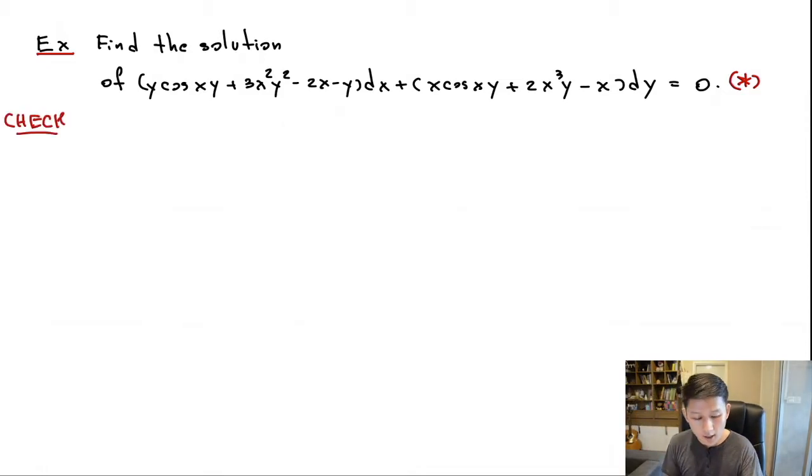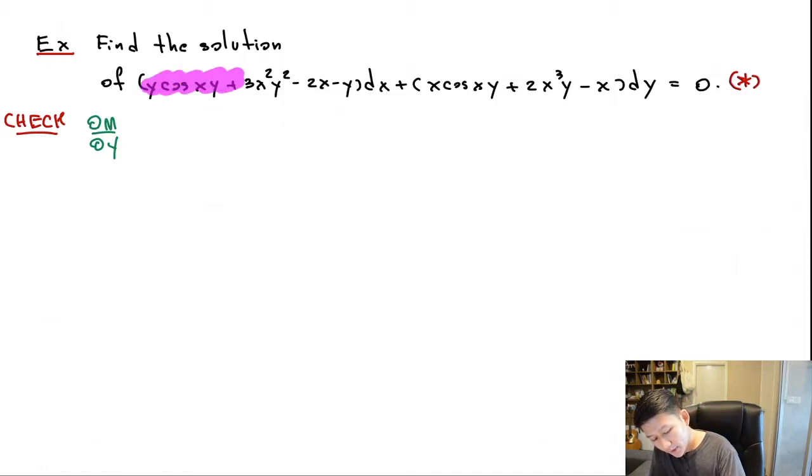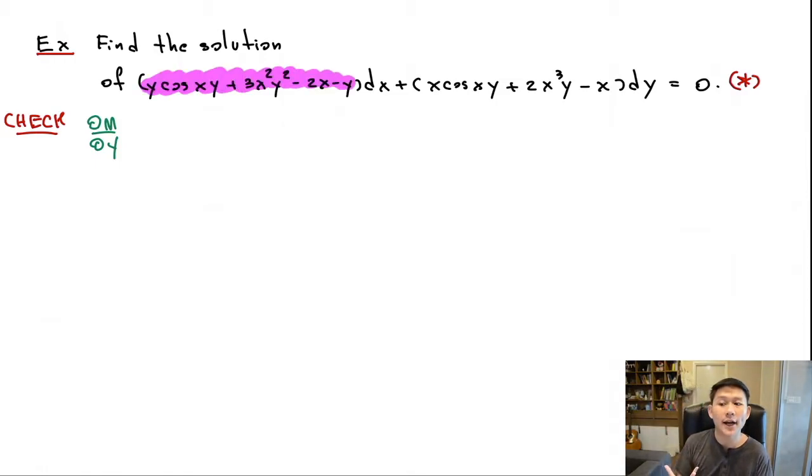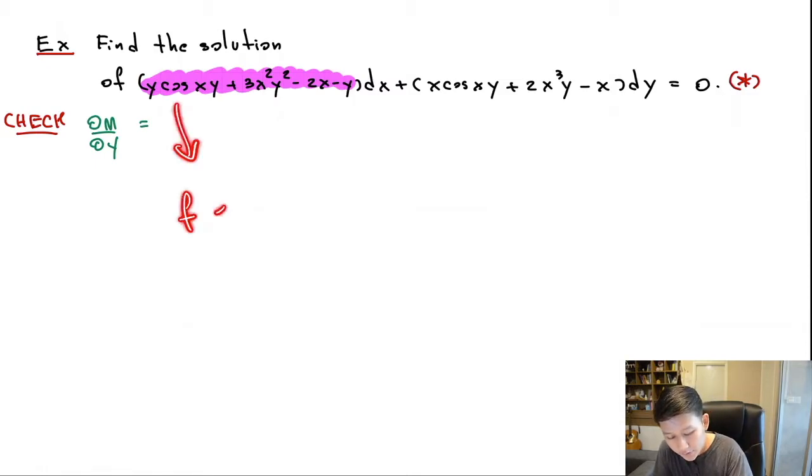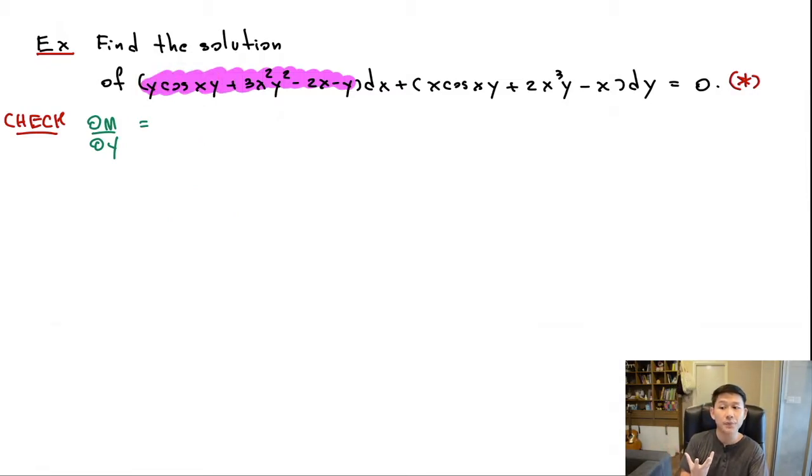So first I'll look at dM by dx. Sorry, dM by dy. So we first need to differentiate this M by y, right? And that is equal to, here is f and g, right? This is one function, this is another function. So you need to differentiate fg, the multiplication of functions. So you get f dg plus g df, right?